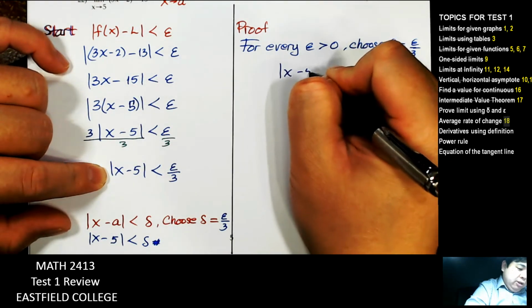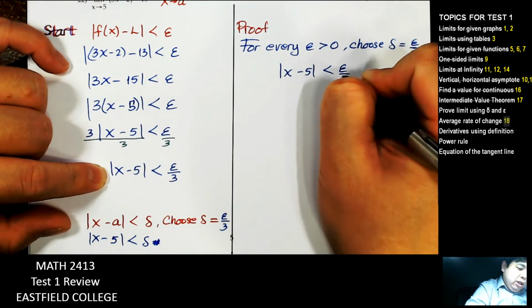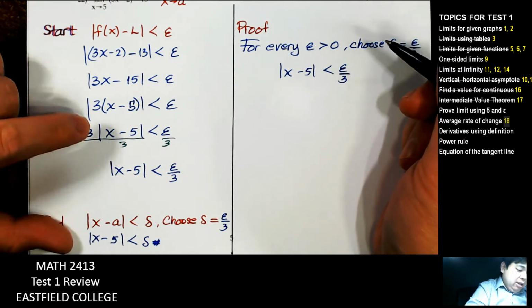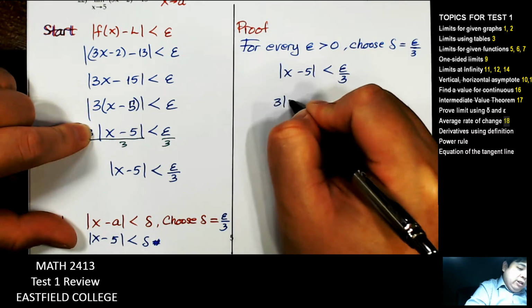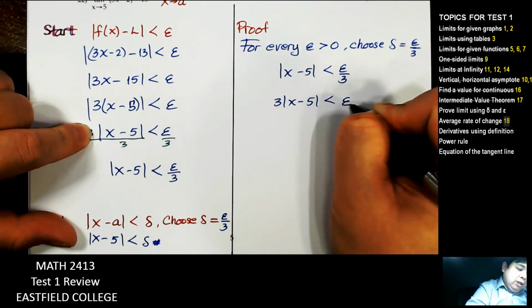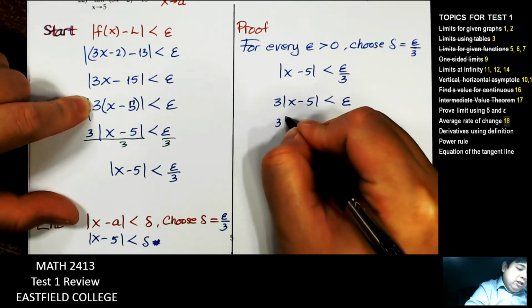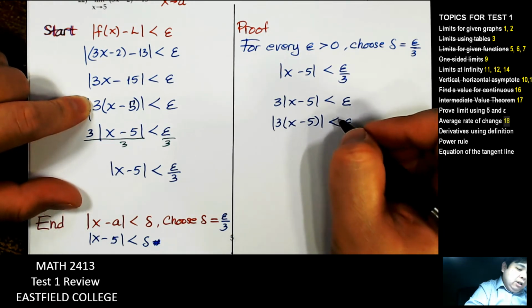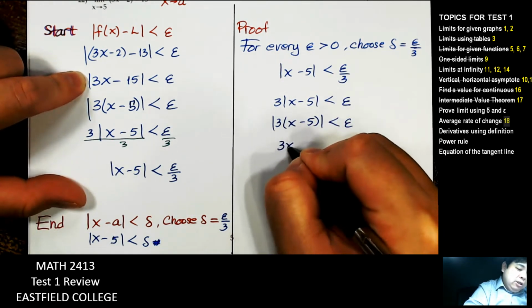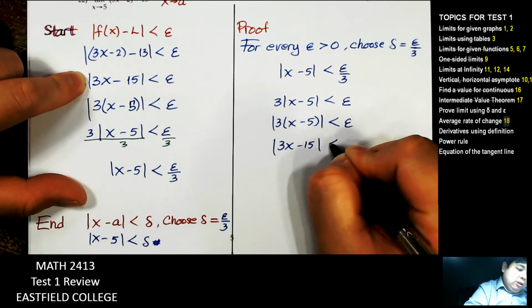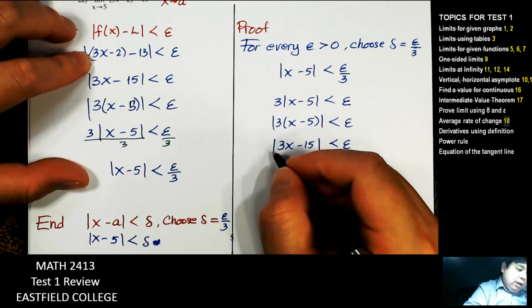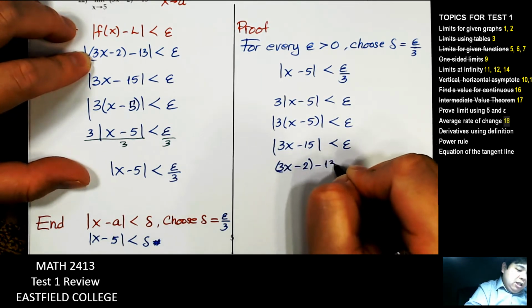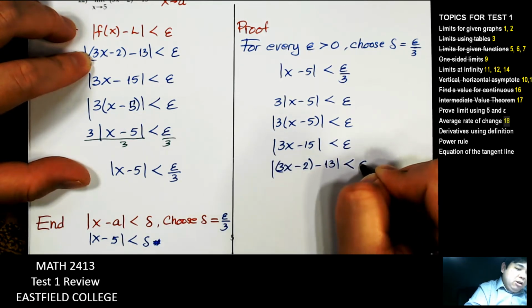X minus 5 less than epsilon over 3, which is delta by the way, and then multiply the 3 over, take the 3 inside, multiply it out, and then we can write 3x minus 2 minus 13 less than epsilon.